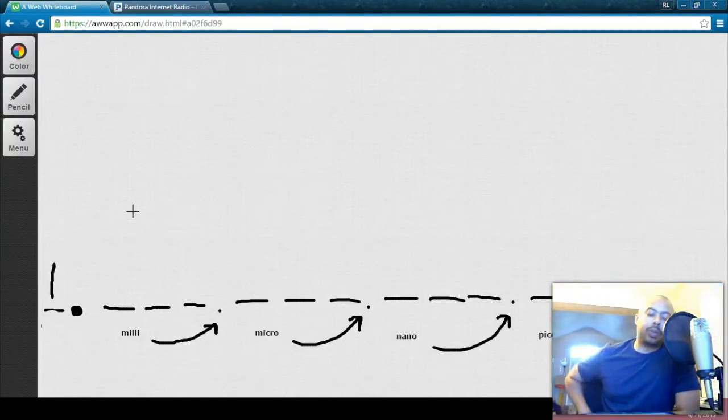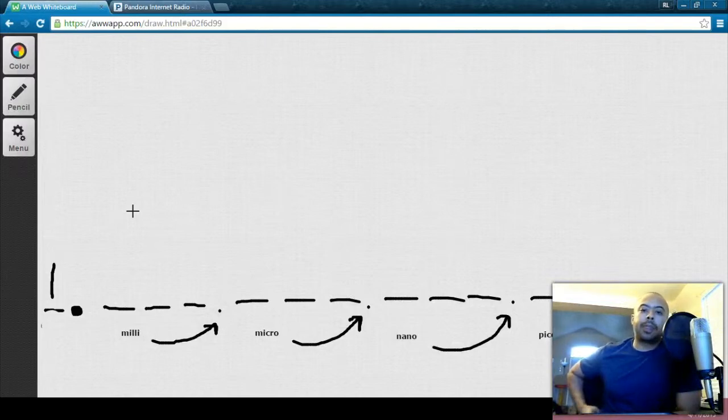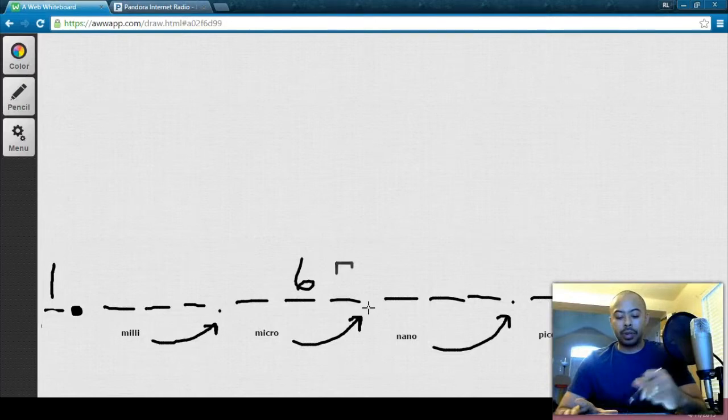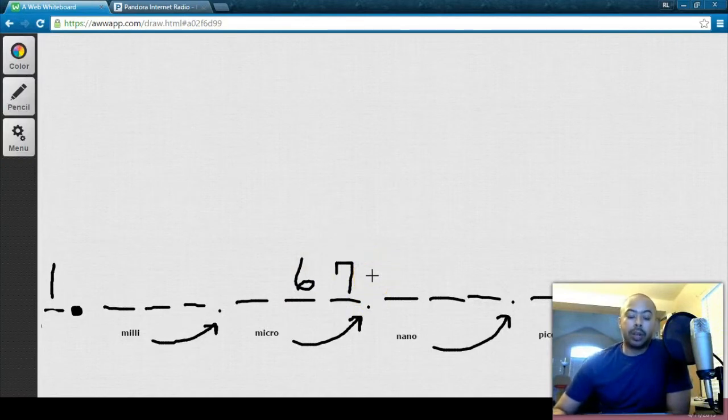All right, so if I say 67 micro is how many milli, we need to find the decimal point for micro. It is right here, and we say, okay, 67 micro. If I'm going to write 67 micro, it's got to be right here, right on the decimal point. The question was, how many milli is that? Well, the decimal point for milli is to the left, and it's right here, so we need to fill in the 0.